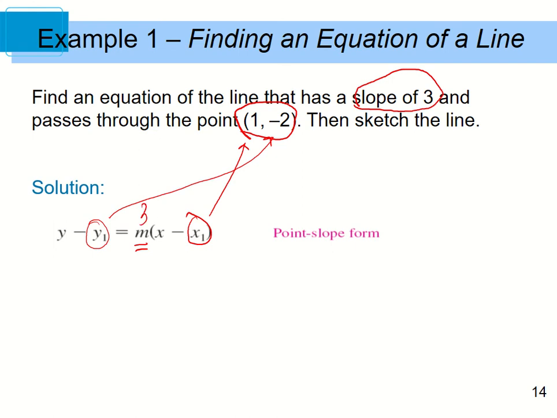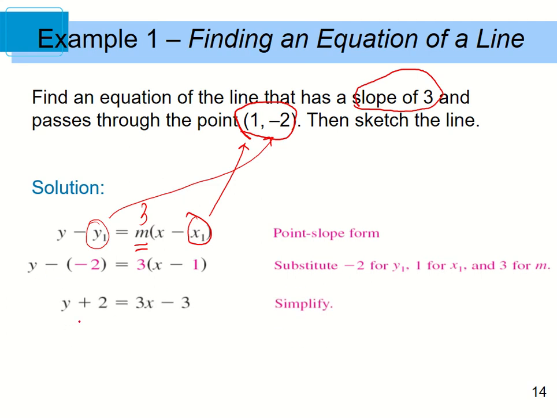Replacing this, we will have y minus negative 2 equals 3 times x minus 1. Solving this, we have y plus 2 equals 3x, expanding 3 times x is 3x, 3 times 1 is negative 3.